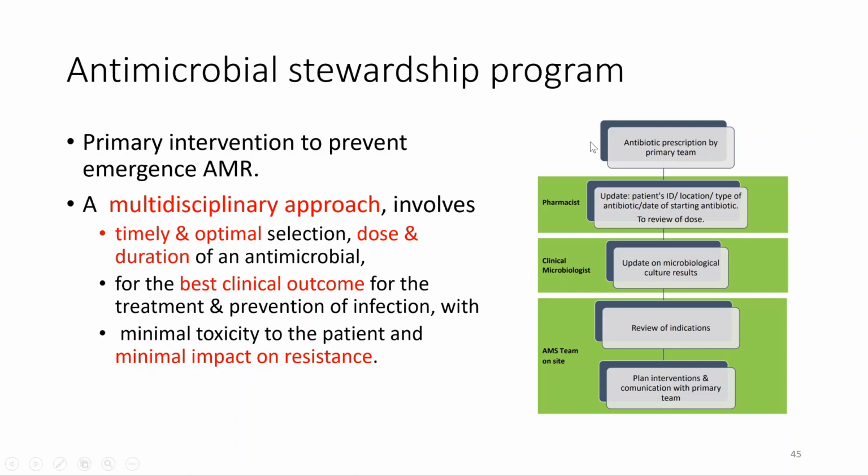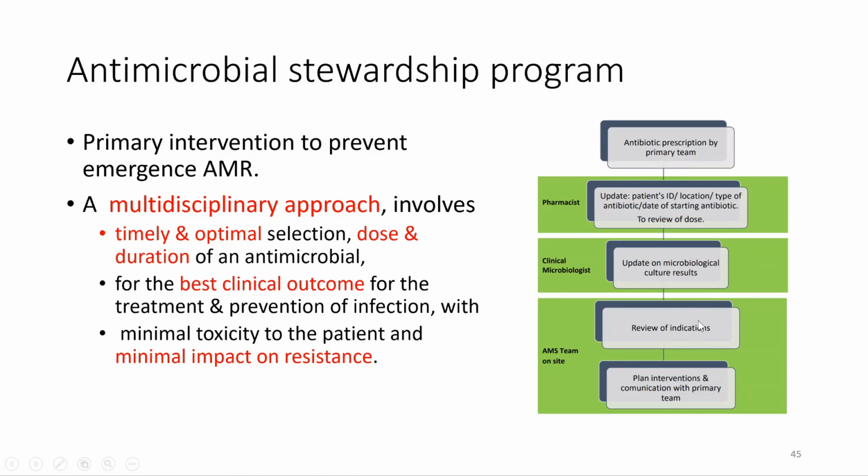On the right side of the slides, I've put the usual flow of an AMS team activity. Basically, we get the input from the primary team first with regards to what kind of antibiotic is being prescribed, or the input may also come from pharmacy, and the one in the lab, the clinical microbiologist or the scientific officer, will analyze the culture and sensitivity result of the patient.